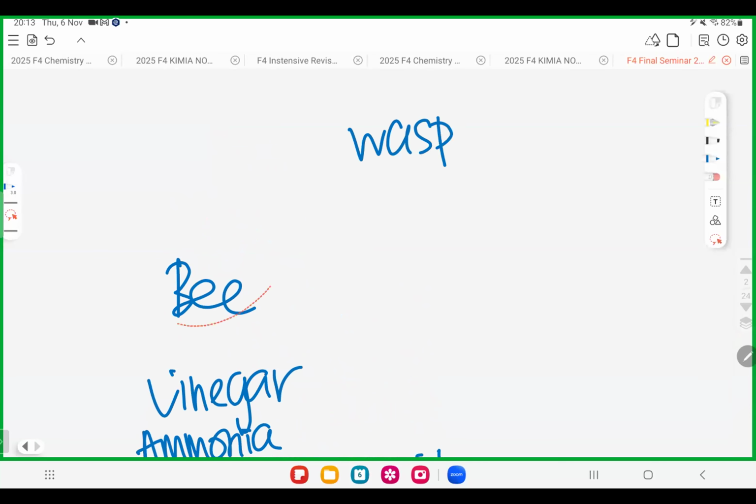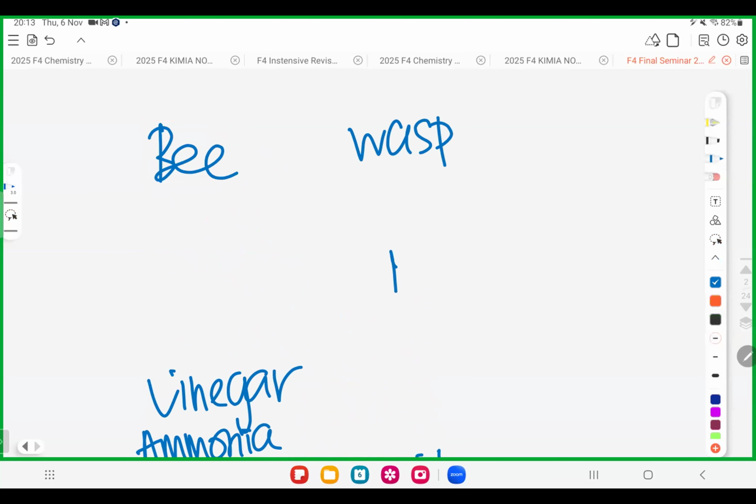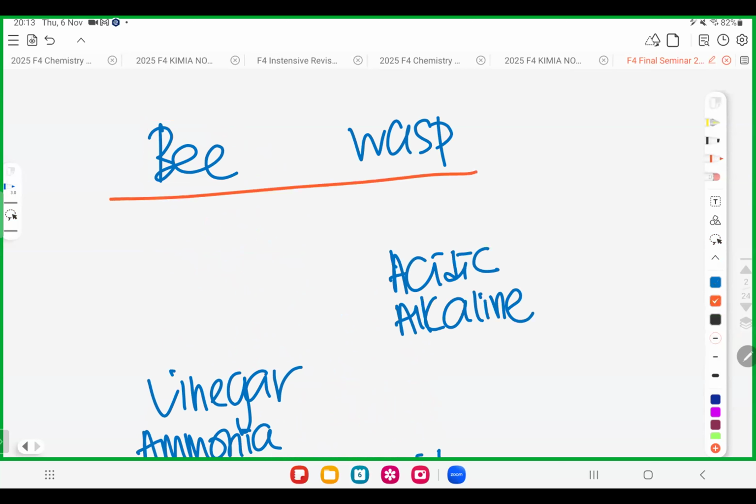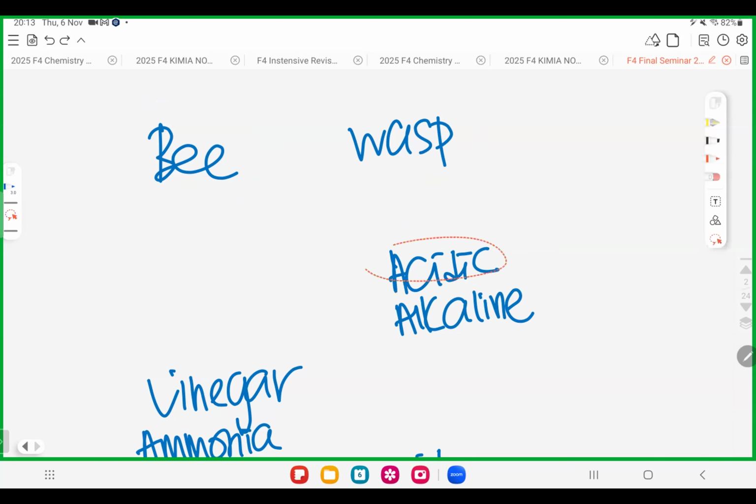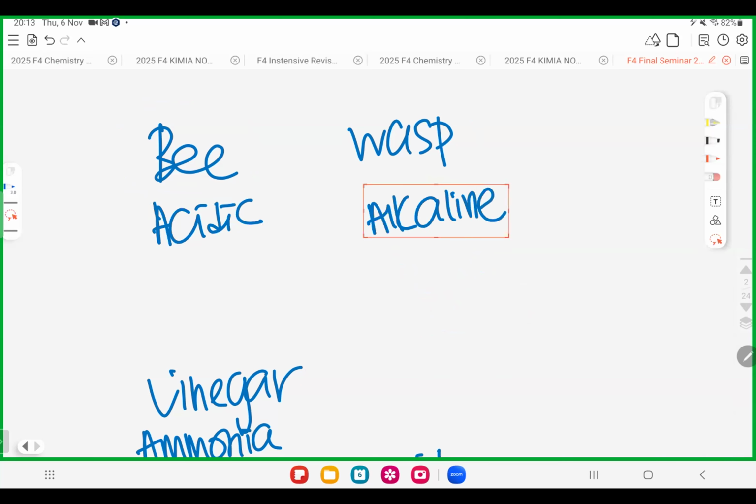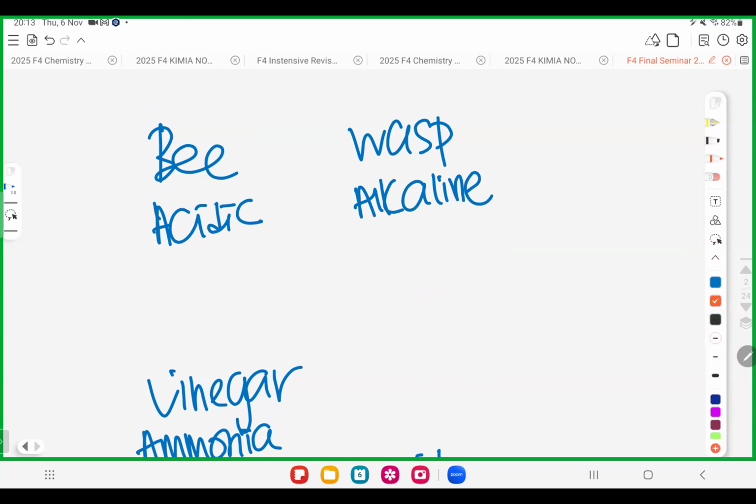How to know whether the sting is acidic or alkaline? Very simple way: look at the name. Bee is short, wasp is longer. Acidic, the name is short. Alkaline, the name is longer. So short goes with short, long goes with long. So the bee sting is acidic, the wasp sting is alkaline. That's all.